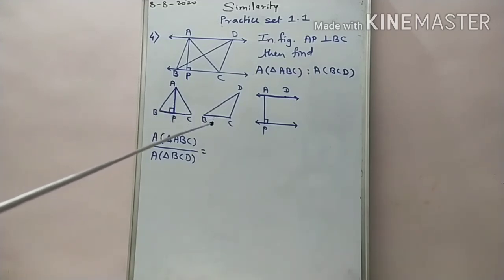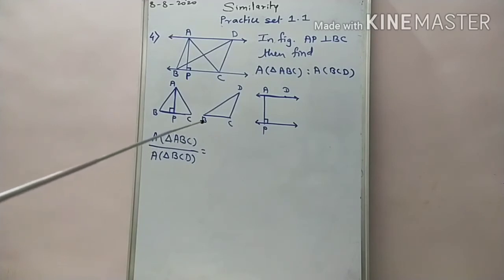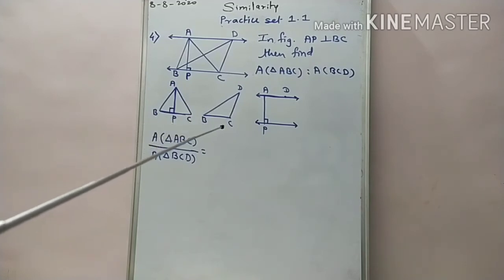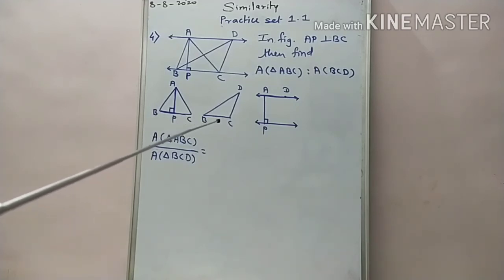For triangle BCD, there is no perpendicular, but we consider the same side BC as the base. Then where is its height?